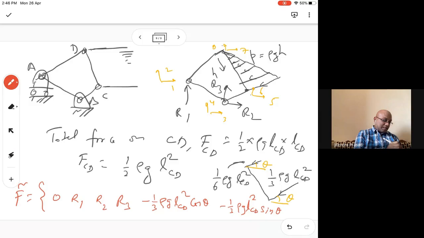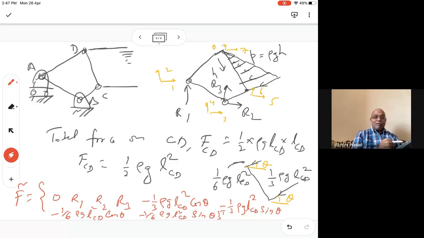So we have this, and then minus 1/6 rho g L C d square cos theta, then minus 1/6 rho g L C d square sine theta, and transpose of that. So this is how you can do it, just looking at it, right?